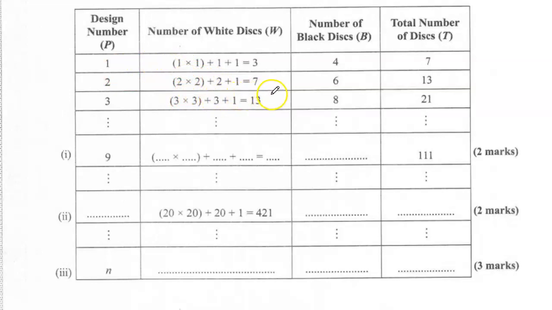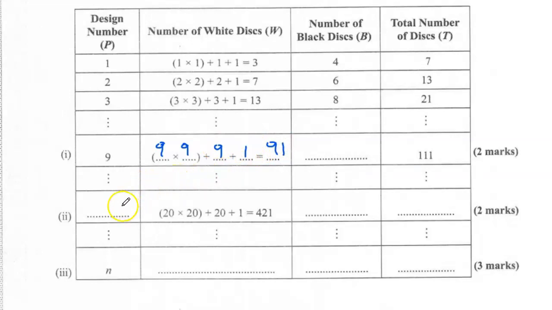So for design number 9, it will be 9 times 9 plus 9 plus 1. Now, 9 times 9 is 81, 81 and 9 is 90, and 1, so this is 91.